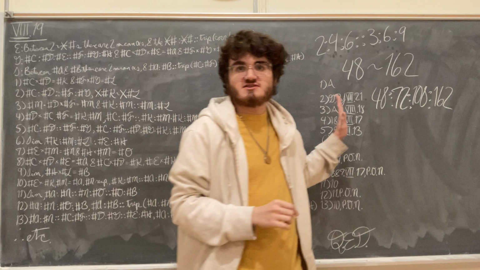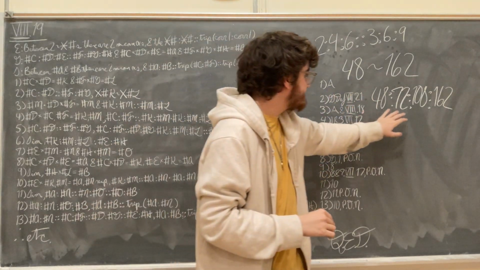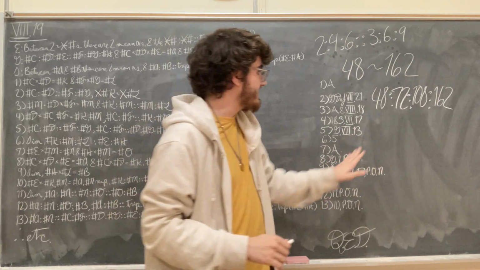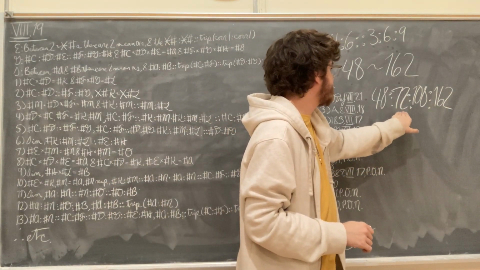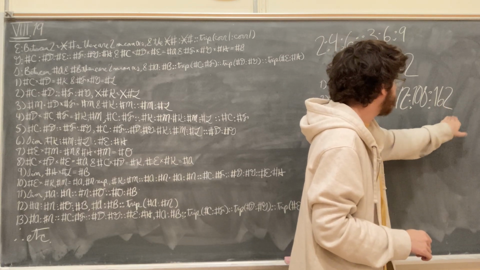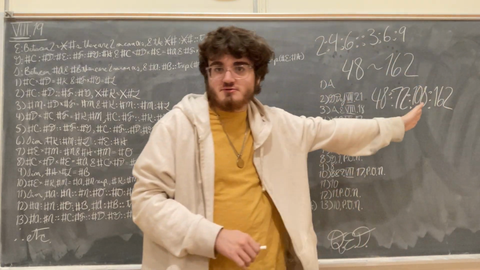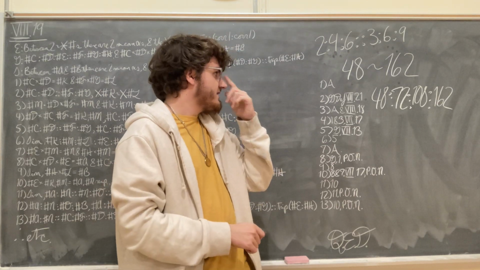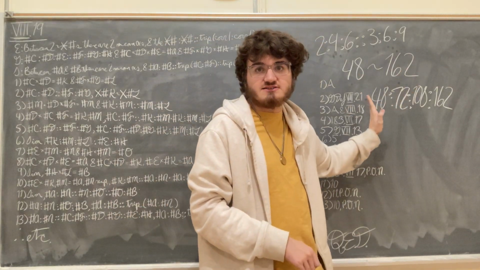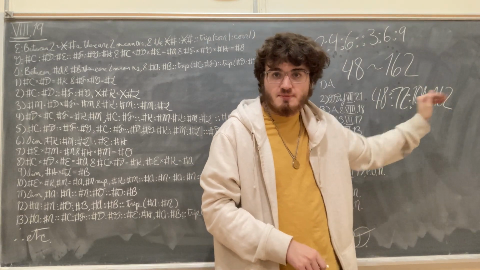Those would be our two mean proportionals. 48, 72, 108, 162 form a continued proportion because 48 is to 72 just as 72 is to 108 just as 108 is to 162. Namely that these are all 2/3 ratios. So these would be our two mean proportionals between our two similar solids, 48 and 162.